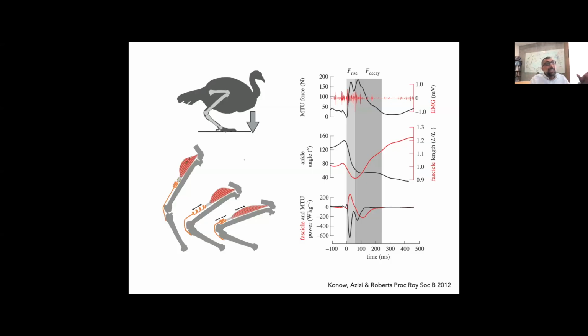You can sort of see that the MTU power is shown here in black, that input energy into the MTU is 600 watts per kilogram, but the input power into our muscle fascicles is more like 200 watts per kilogram. So we're really buffering the mechanical power input.